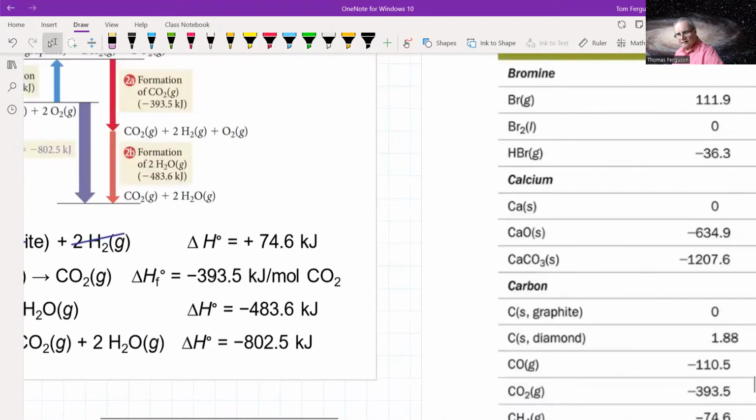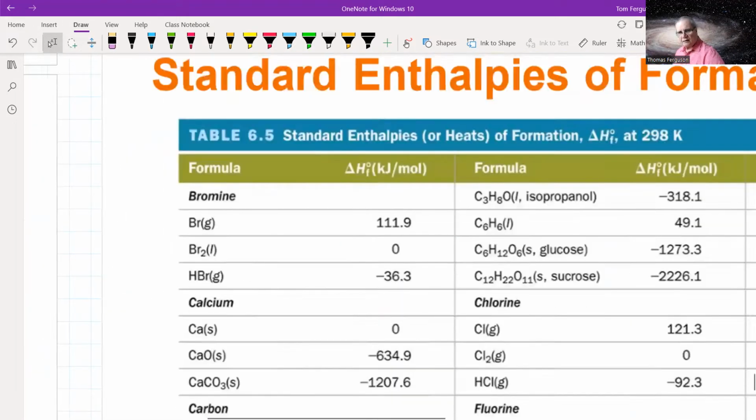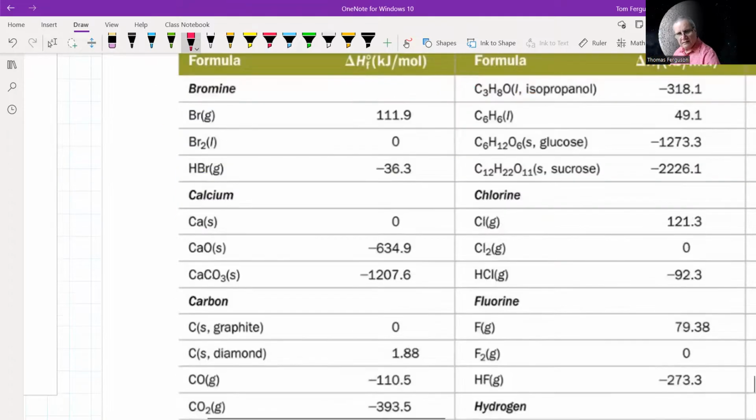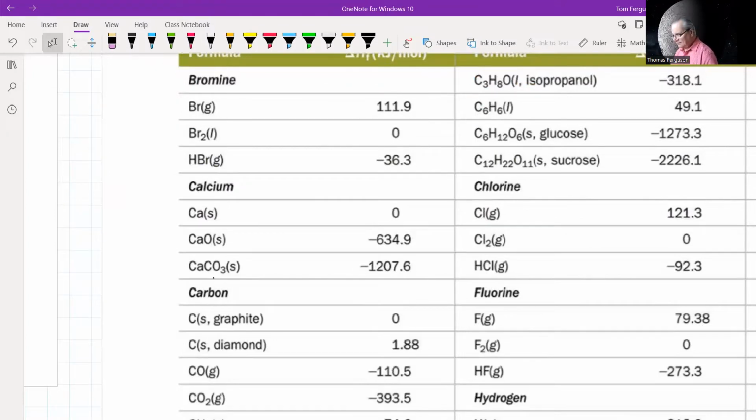Okay, so let's look at these guys here. These again are formation. It's really important to understand that. In other words, how do you make calcium oxide? Well, it's calcium plus oxygen equals calcium monoxide.